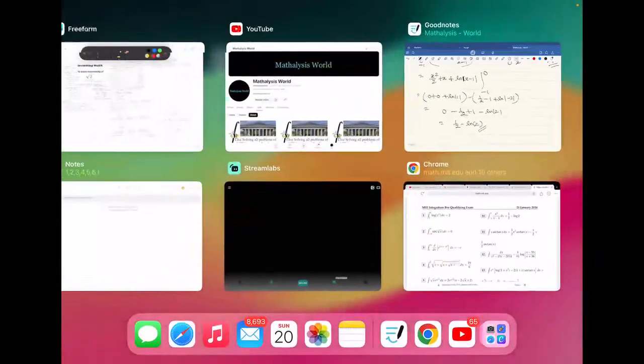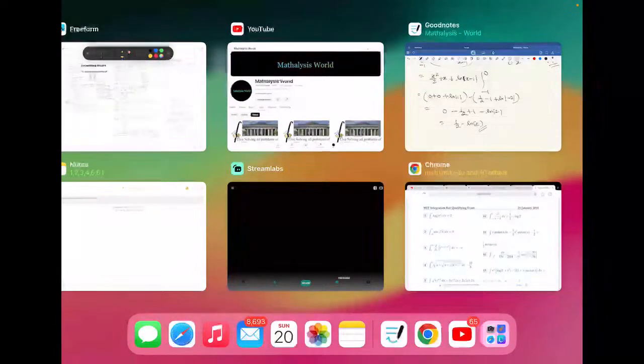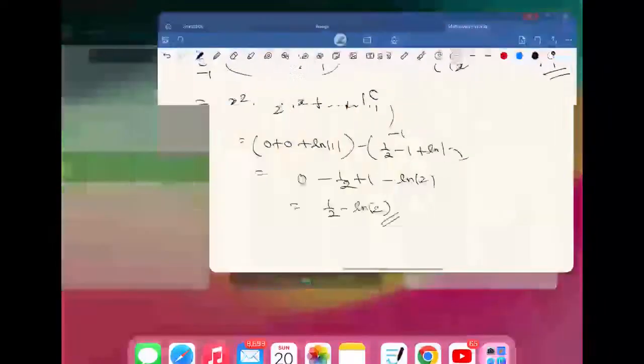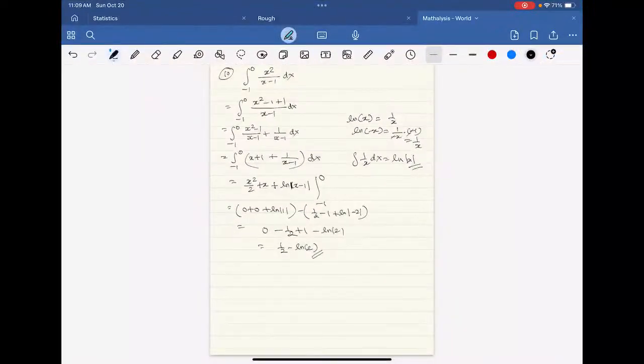Is that the answer? Yes, half minus ln of 2. I hope you got the solution. I broke one rational expression into two rational expressions, and after that it was just normal integration. Let's go to the next question now.